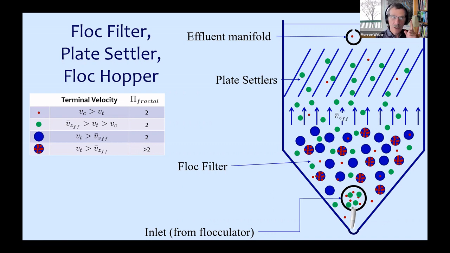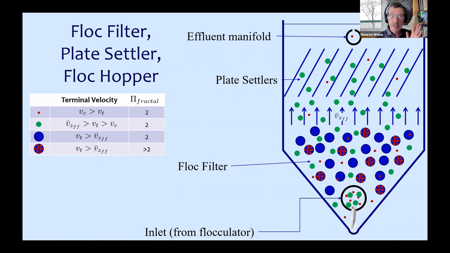And the green ones go right up through the flock filter because they don't settle fast enough, and they just keep on going up to the plate settlers. And they're too big to be picked up inside the blue flocks. And the red ones, there aren't many of them because your flocculator was pretty good. And so there actually aren't many flocks that are too small to be captured by the plate settlers.